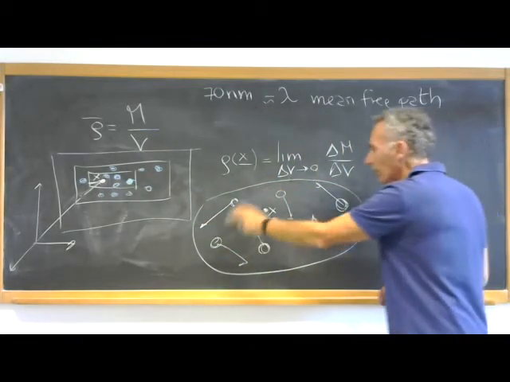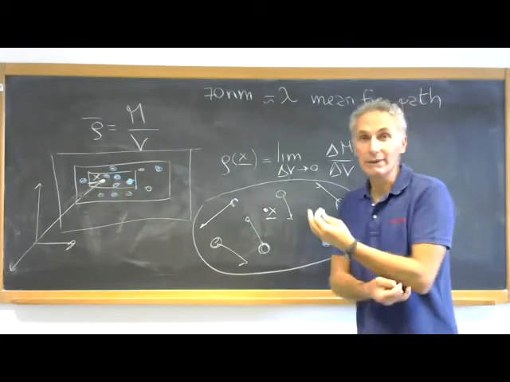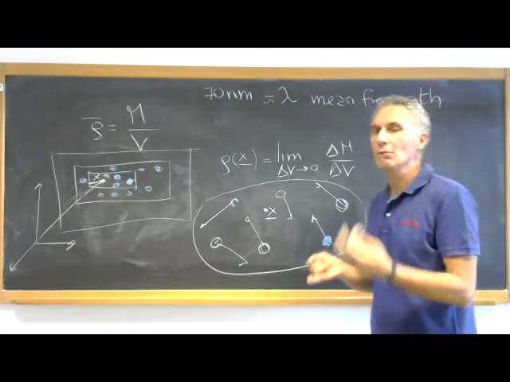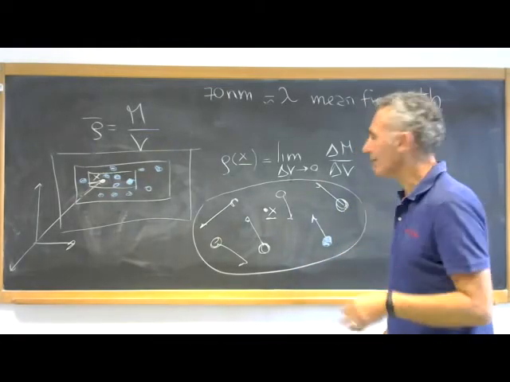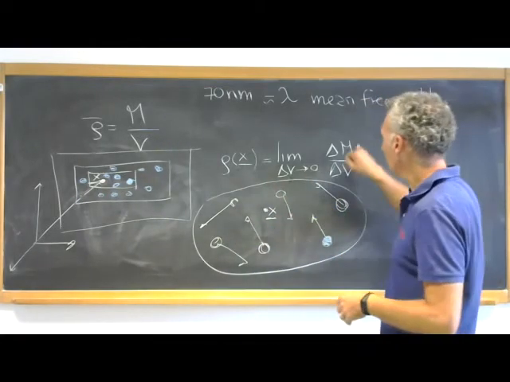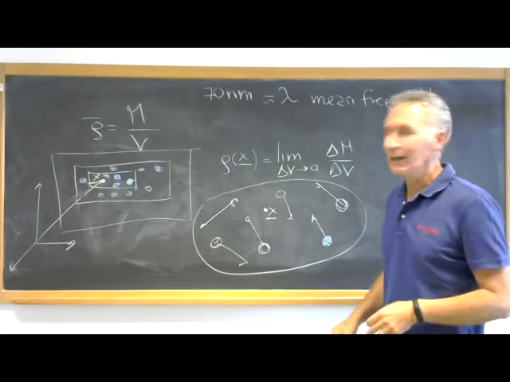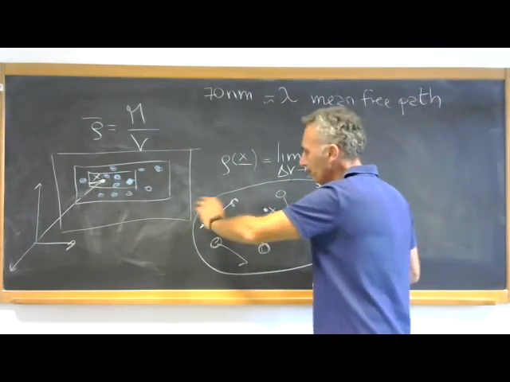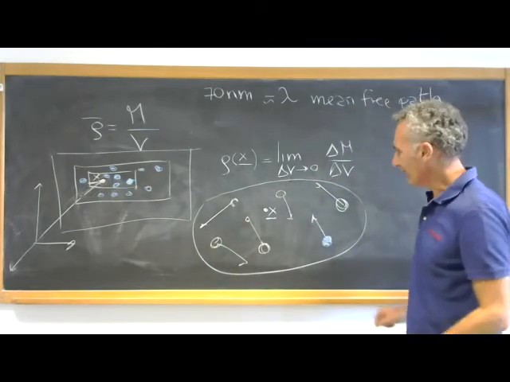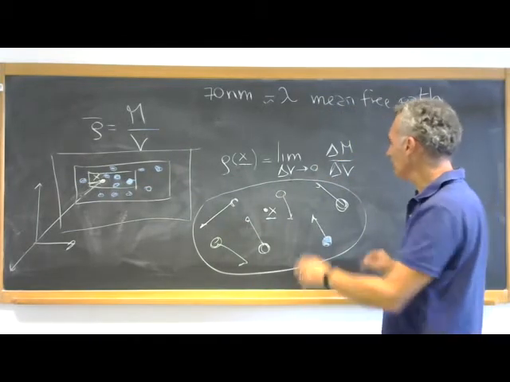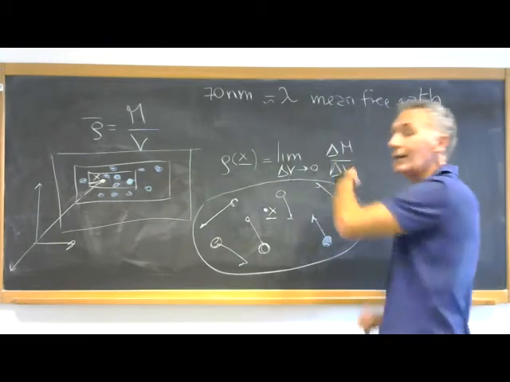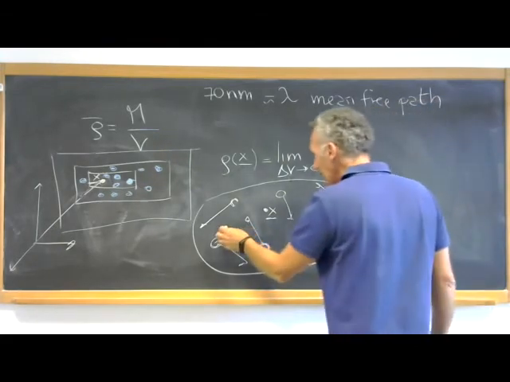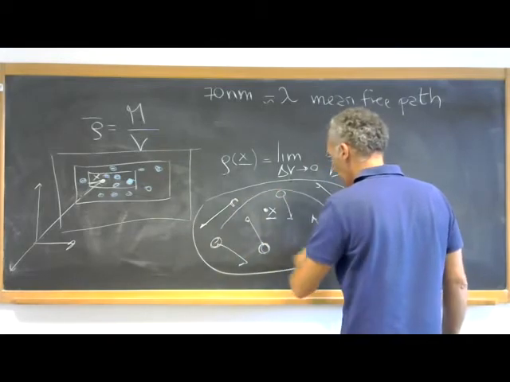I have some molecules. I can count all of them, of course, ideally. I know that each molecule has a mass, and then I sum up the mass of all the molecules, so I know what is delta m, and then I can measure in some way the volume spanned by this set of molecules, and this is delta v, and so this ratio would be finite, and then I reduce my volume.